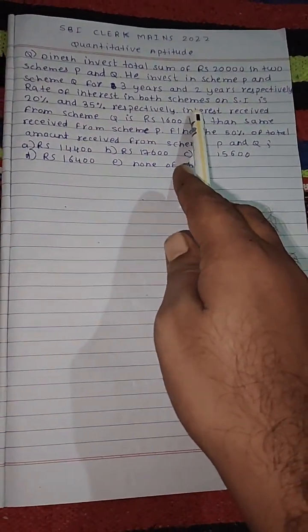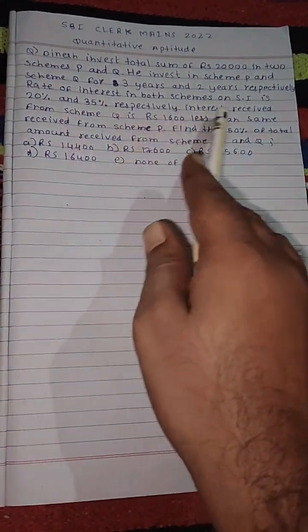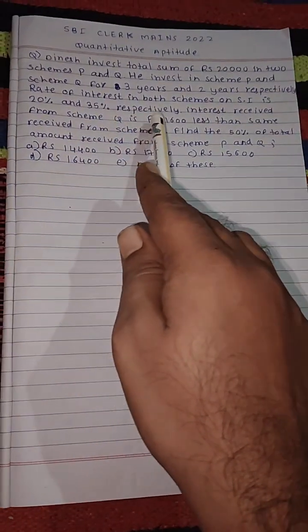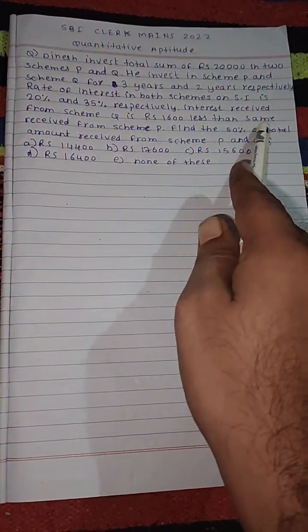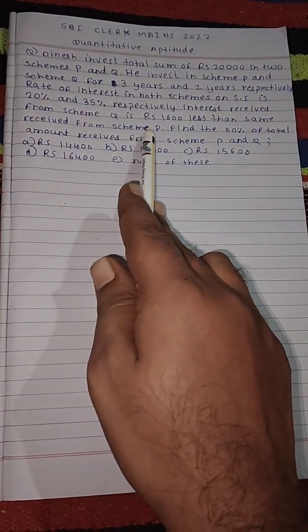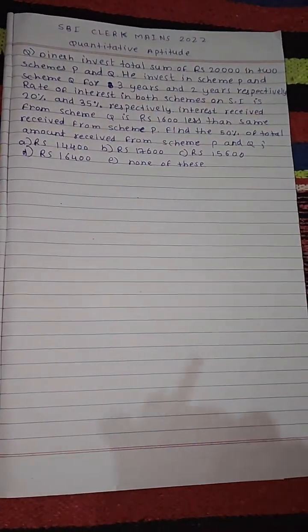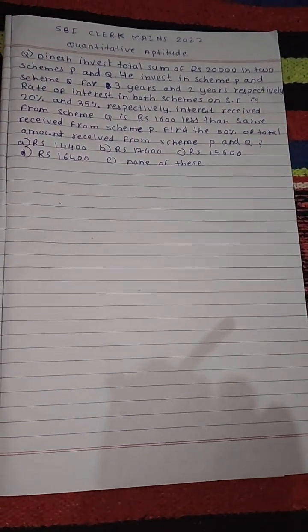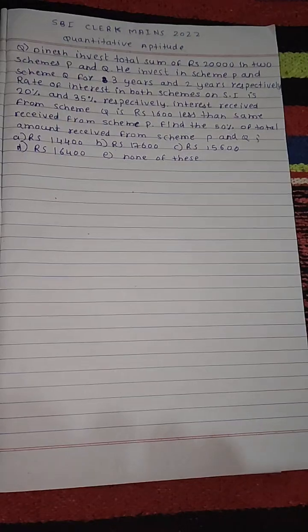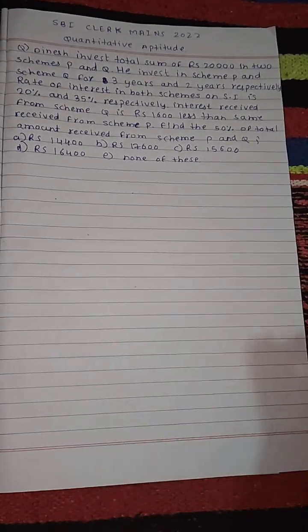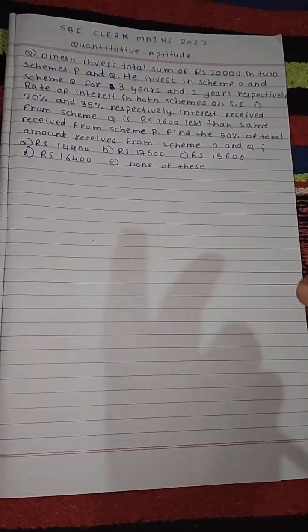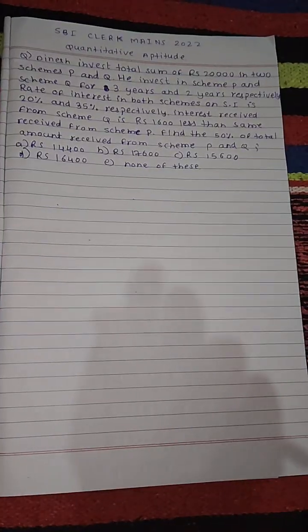And one more piece of info they have given: the interest received from scheme Q is rupees 1600 less than that received from scheme P. So Q equals P minus 1600.